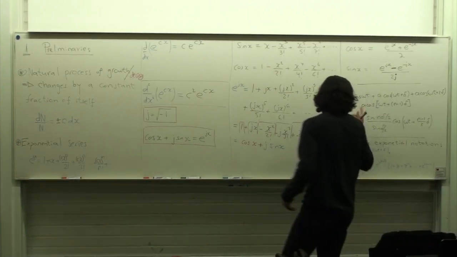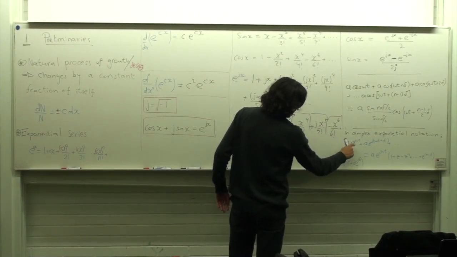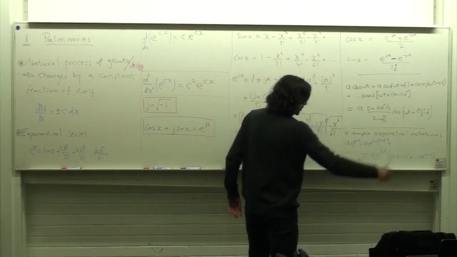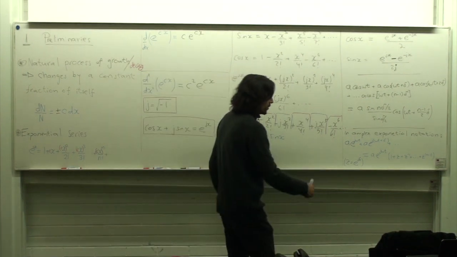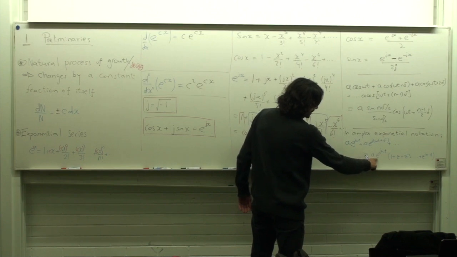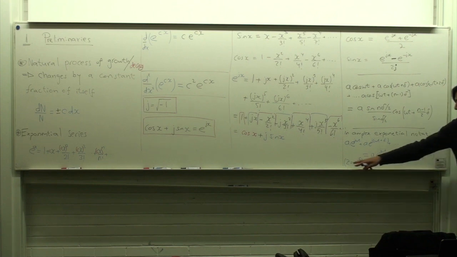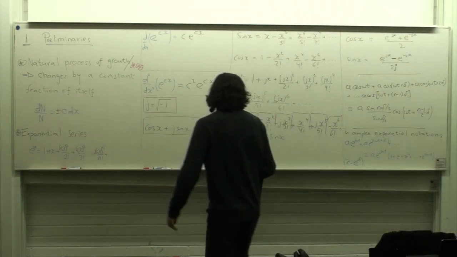So you write for the same thing a e to the power j omega t plus a e to the power j omega t plus delta, and then you add the third wave and the fourth wave and so on, and you get a times e to the power j omega t times 1 plus z plus z squared plus, until you get z to the power n minus 1, where z is e to the power j delta.